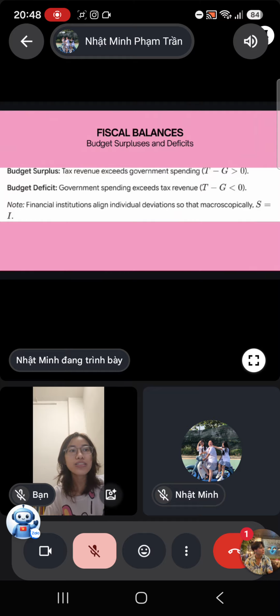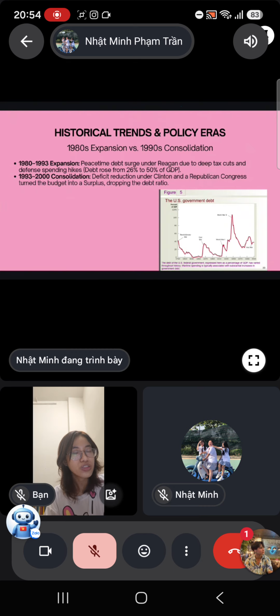And next, move to the historical trend, policy errors. However, the data finds a significant shift between 1980 and 1993. The debt ratio surges from 26% to 50% due to retrenched tax cuts and military spending hikes.